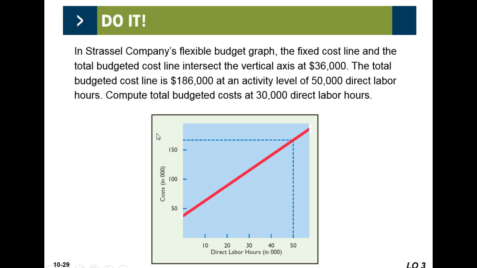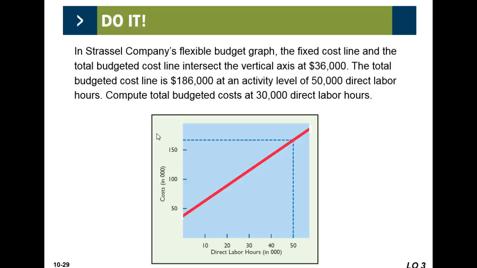In Strassel Company's flexible budget graph, the fixed cost line and the total budgeted cost line intersect the vertical axis at $36,000. The total budgeted cost line is $186,000 at an activity level of 50,000 direct labor hours. Compute the total budgeted cost at 30,000 direct labor hours.